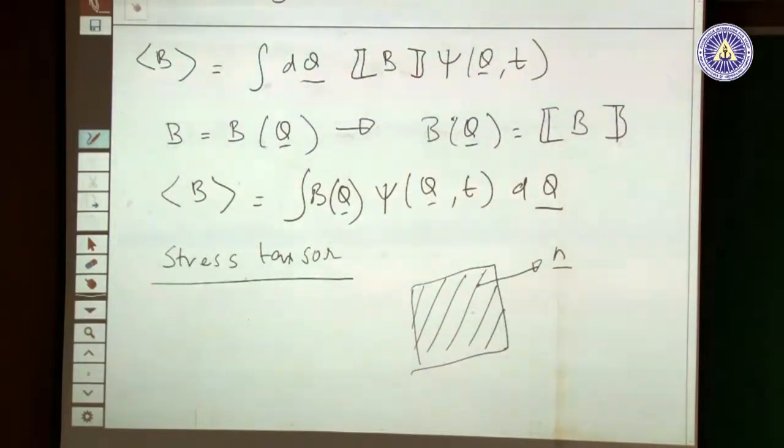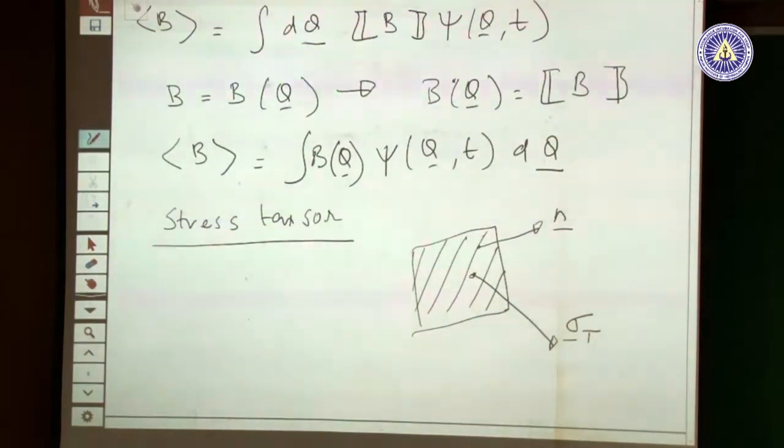I am usually interested in the surface force, and we usually call it the traction vector, force per unit area. What is the traction vector acting on an arbitrary surface whose normal is in the direction n? Now I guess you would have learned in continuum mechanics that this traction is nothing but n dot pi, where pi is the stress tensor.